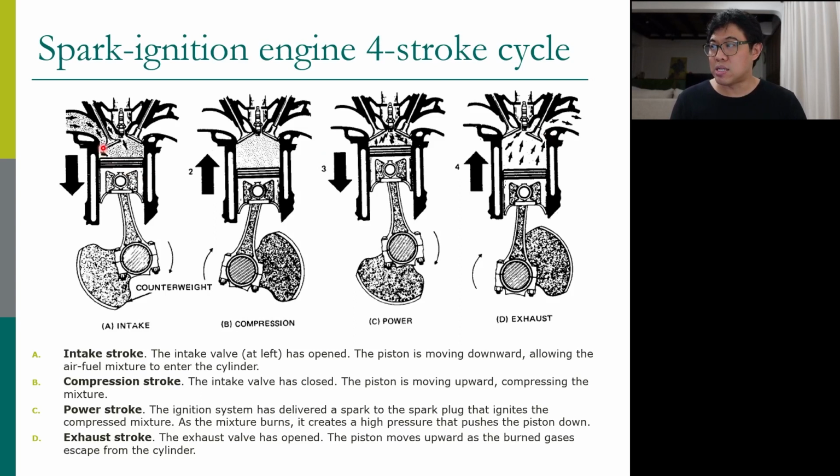So there are an intake valve and an exhaust valve. During one cycle, which means four strokes, the intake valve opens only once and the exhaust valve opens once. At other times, they are closed. So that's the intake and exhaust valve.